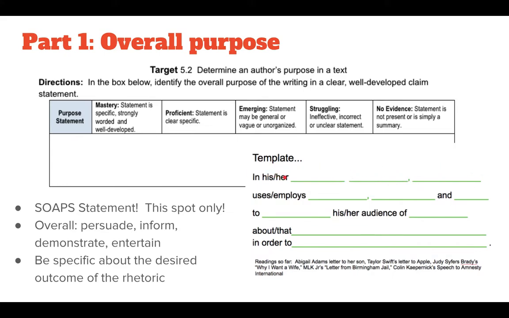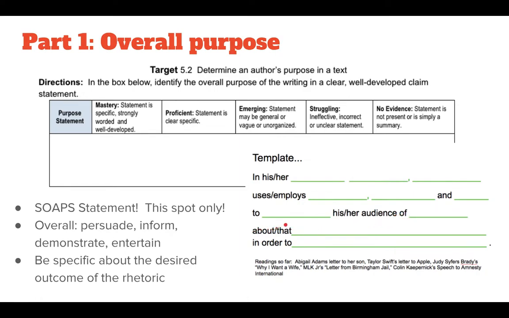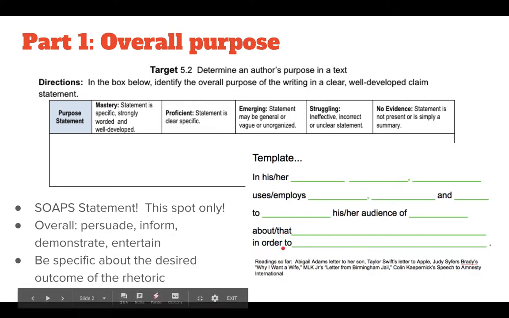So, for example, if we did it for Abigail Adams, "in her 1782 letter to her son, Abigail Adams employs three rhetorical strategies," and then we have the overall purpose: persuade, inform, demonstrate, or entertain her audience. Her audience is her son, so: to persuade her son that he should make the most of his journey abroad to France in order to convince him to become a better leader in the future.